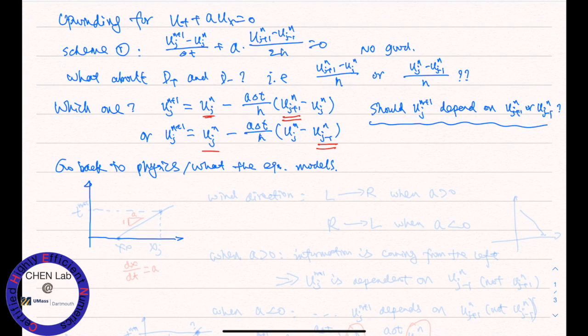If we follow the characteristics at x_0, and here is x(t), here, let's say it's x_j, here is t_{n+1}, this function value should be equal to the function value at x_0 and time 0, with the slope of this characteristic line being 1 over a.